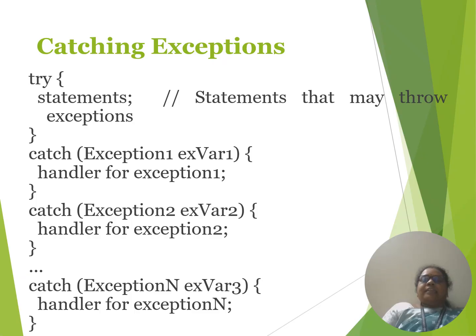When we insert the card, if they insert it the wrong way, that has to be caught: insert the card in the proper way. If they put a wrong PIN number, there will be some catch, and if they enter an amount which is over their limit, that is also an exception. So for each and every application, many exceptions can be created, and each exception is carried with objects.